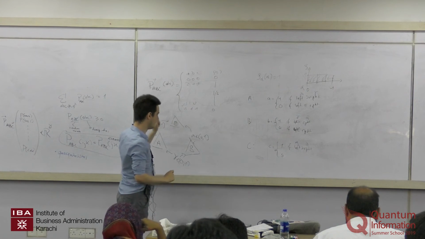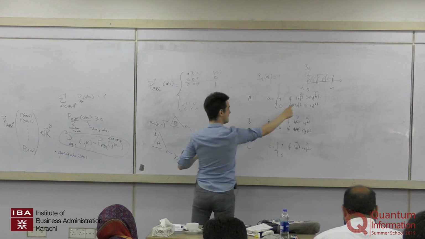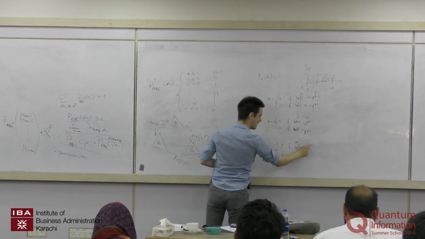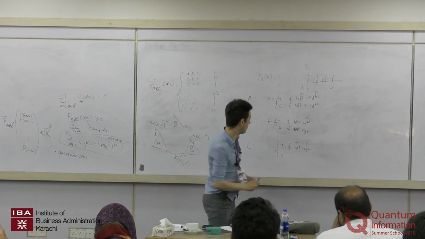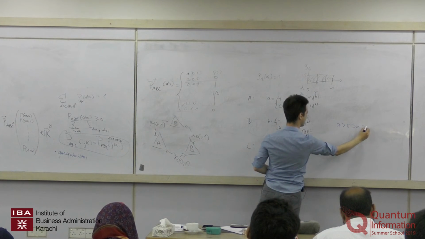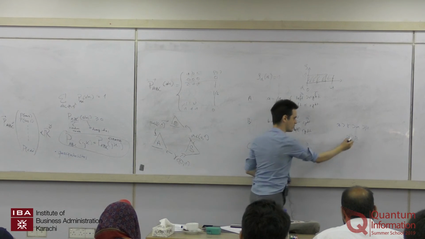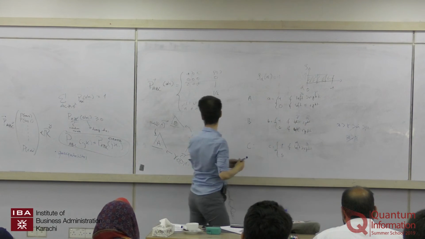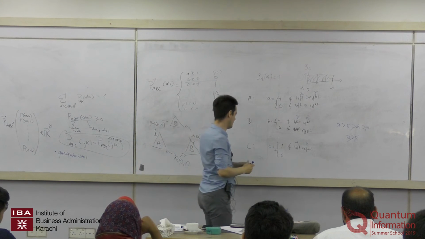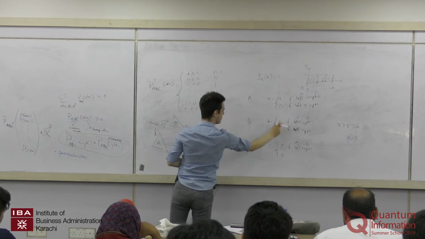Why? Because first of all, if they all output 1, it means that beta is greater than gamma, gamma is greater than alpha, and alpha is greater than beta. If you write it out like this, you get a contradiction. So this case is impossible. But of course, now we have the other case, 0, 0, 0.